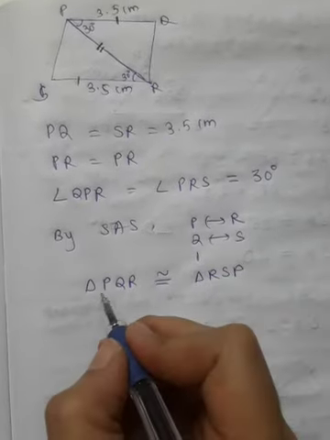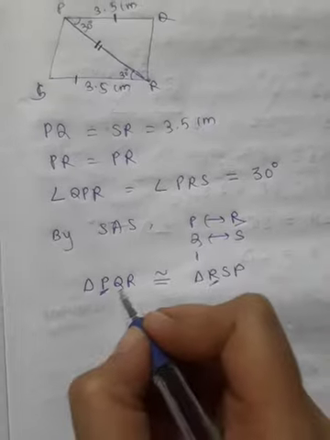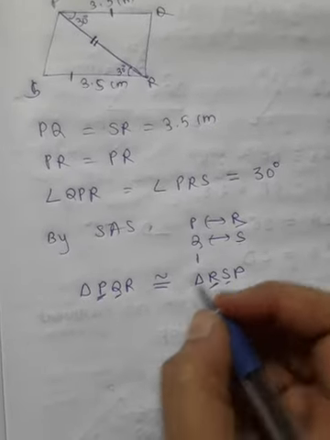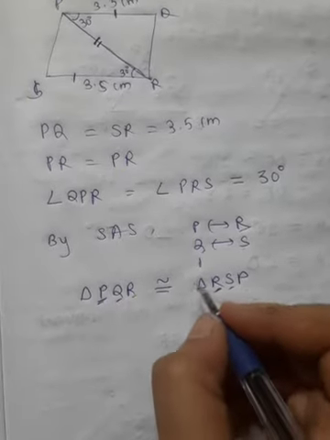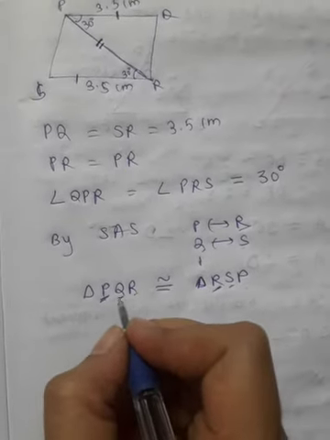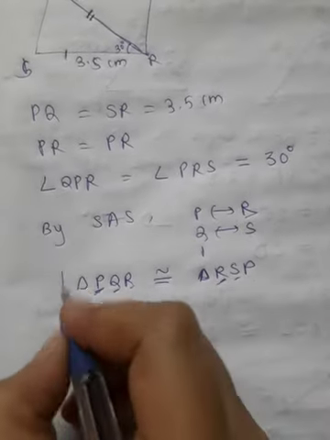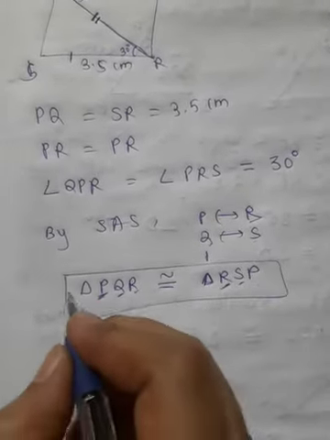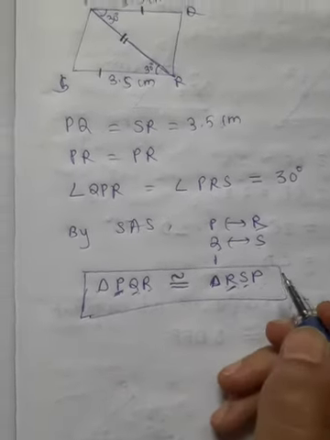Okay, see here, P corresponds to R, Q corresponds to S, okay, and R corresponds to P. So here PQR is congruent to triangle RSP. Here side PR is common, okay. So understood that. So by using correspondence you can write triangle PQR is congruent to triangle RSP. Okay.